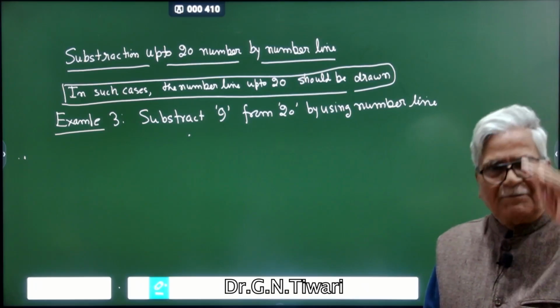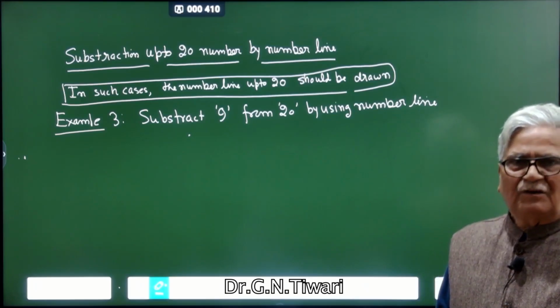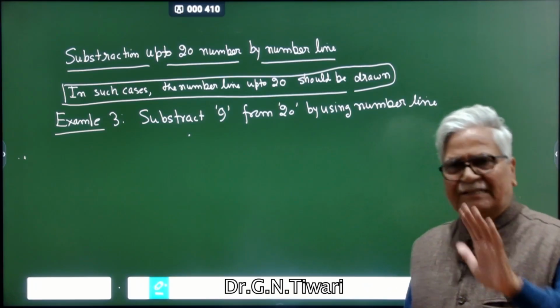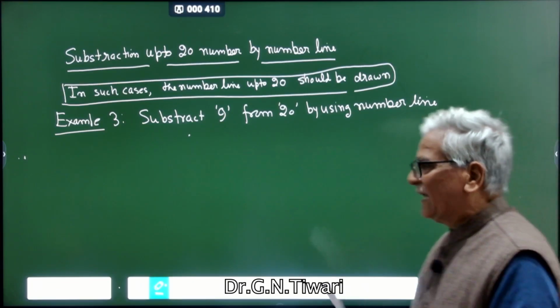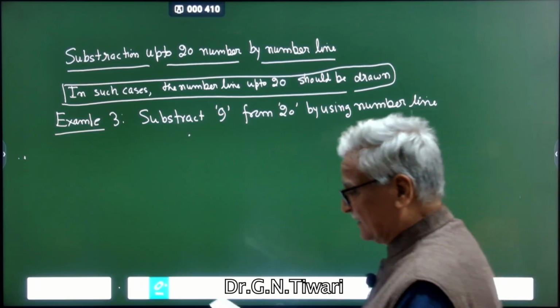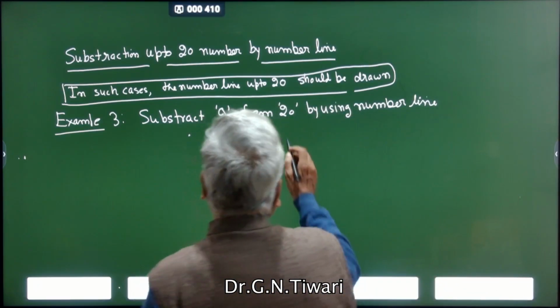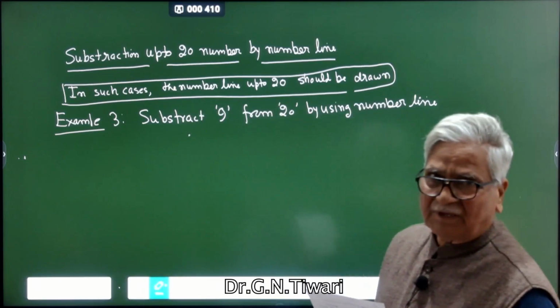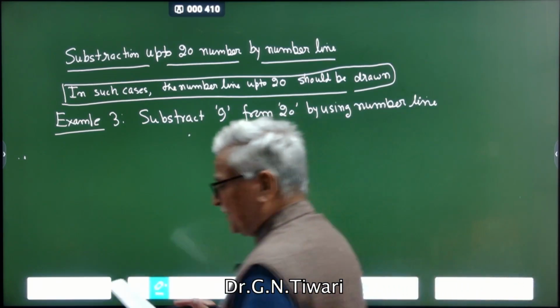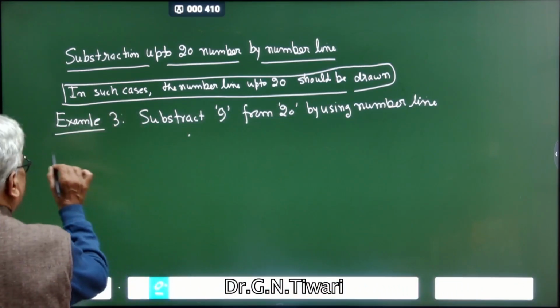That is how I am preparing all this, my lecture, from class 1 to class 8. Initially, I am just taking the mathematics of class 1 and I am trying my best to explain this one. Now here 20 is the largest number, so we should draw a number line.